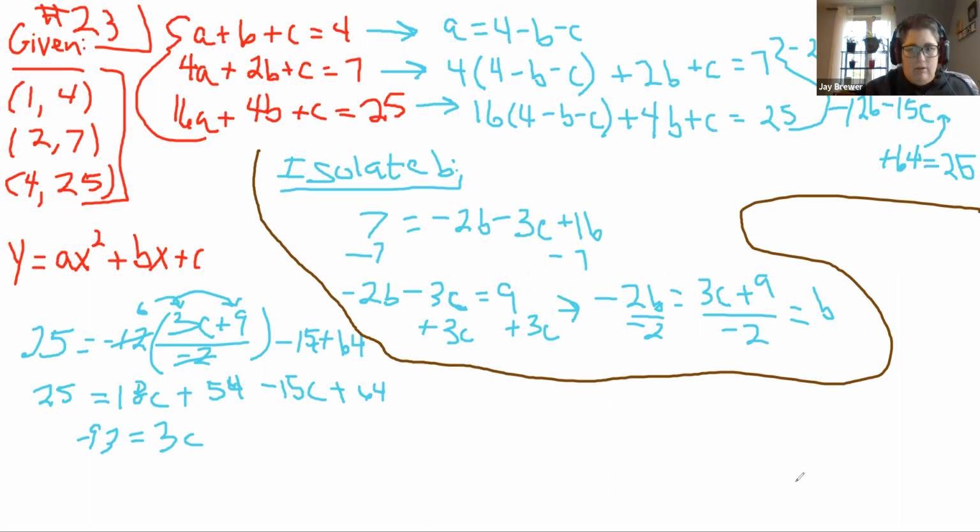We didn't change the sign here. So when we moved it to this side, it should have been positive. That makes that negative, makes that positive, and that positive, and this negative, which makes this negative and this positive.